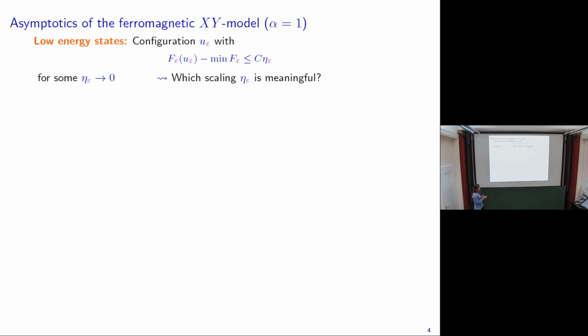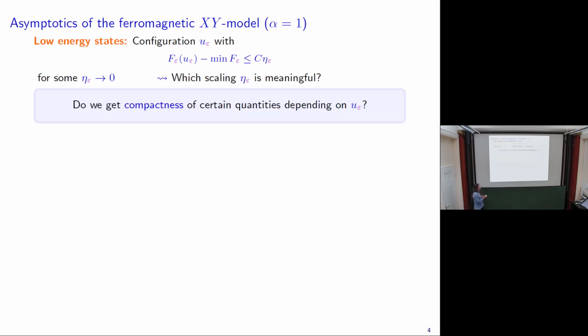Meaningful means you would like to choose your eta epsilon in such a way that for configurations satisfying this energy bound, you can get compactness, maybe not of the field itself, but of certain quantities depending on your u epsilon. And once you have a compactness result, you would like to couple it with the gamma limit result, and this is what I mean with asymptotics. So I would like to take the gamma limit of this quantity divided by eta epsilon, which I detected as a meaningful scaling.